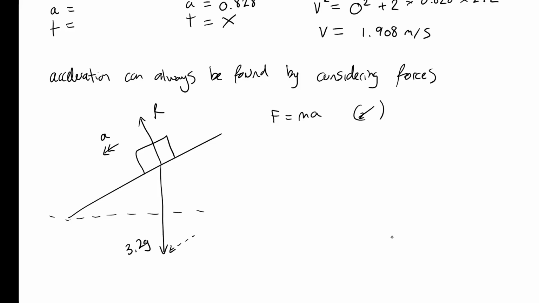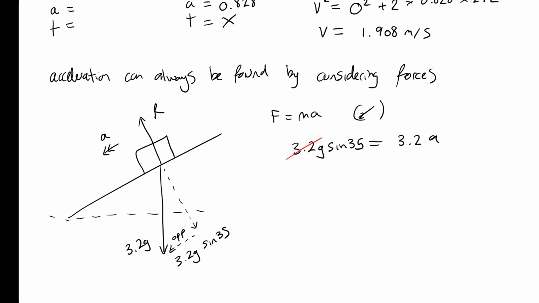Weight is vertical, so we need to break it down into its along the slope and into and out of the slope components. So we want this one here, the opposite, that's along the slope. That's 3.2 g sine 35. It's the only force or component acting, so it is equal to ma.